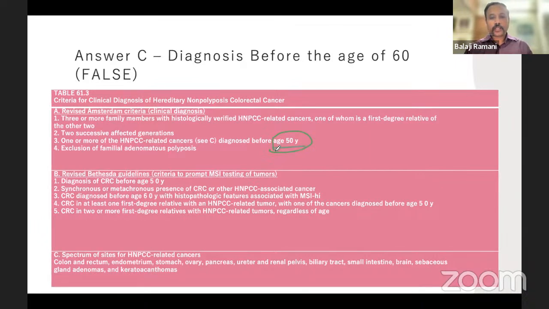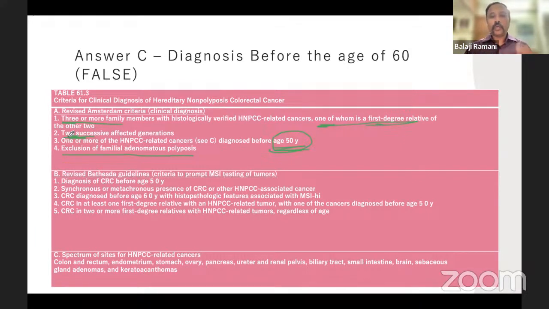So the clinical criteria which were used are, one, the age of diagnosis should be less than 50 years. Then FAP should always be excluded. And then two successive generations and three or more related family members. So 3, 2, 1 is the rule that I remember: three family members, one is a first degree relative, and two successive generations.